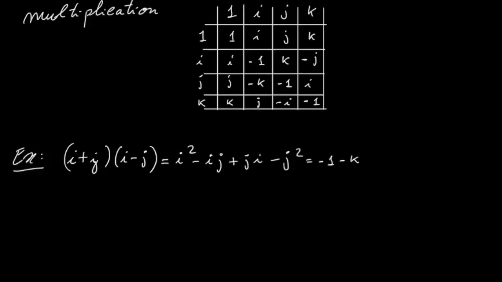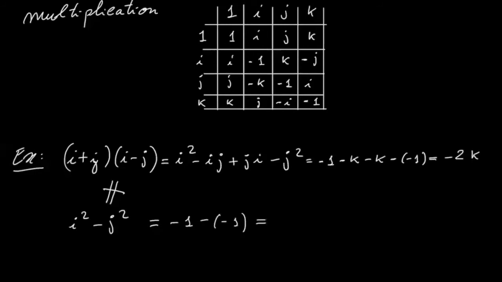Then we get minus ji, which is equal to -k, so it's -k. And then j squared is equal to -1, so we get -1. So at the end, it's -2k. And note that this is different from i squared minus j squared, because i squared is -1 and j squared is -1 again, so you end up with 0. So you see that they are different precisely because the multiplication is not commutative.